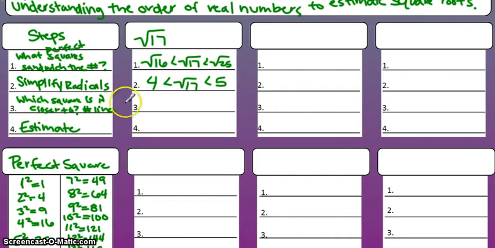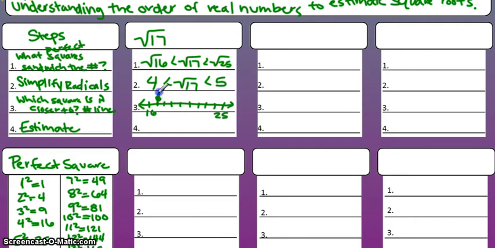Number 3 says, which square is it closer to? So we're going to draw a number line. If this is 16 here, it goes 17, 18, 19, 20, 21, 22, 23, 24. Here's 25. 17 lands right here.